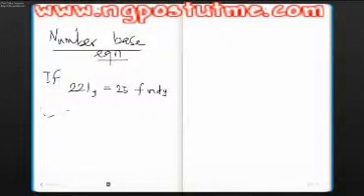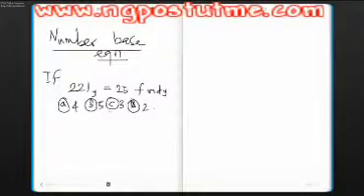So let me write it again so that you can see it clearly. Now let's say we have option A as 4, option B as 5, option C as 3, then option D probably 2.